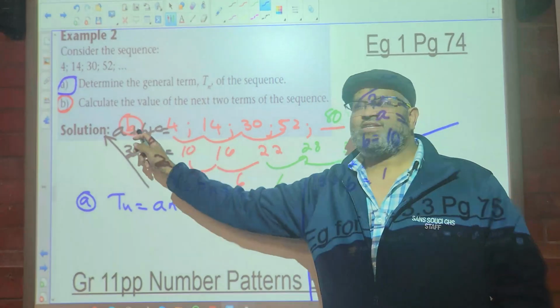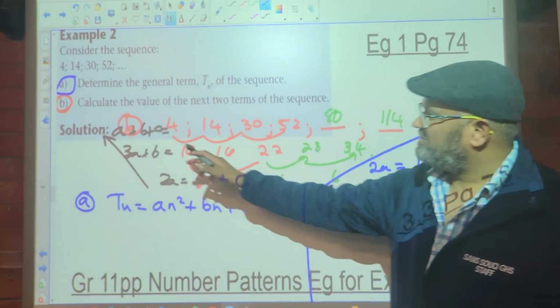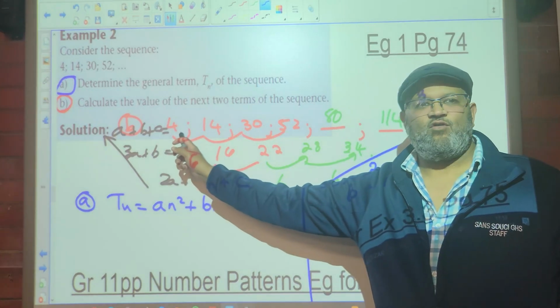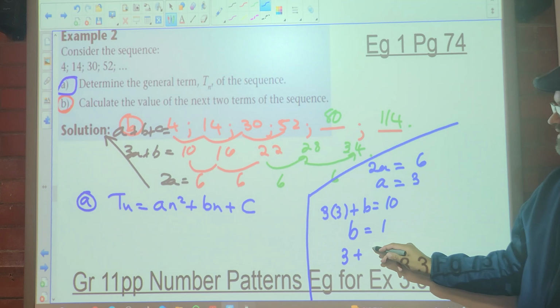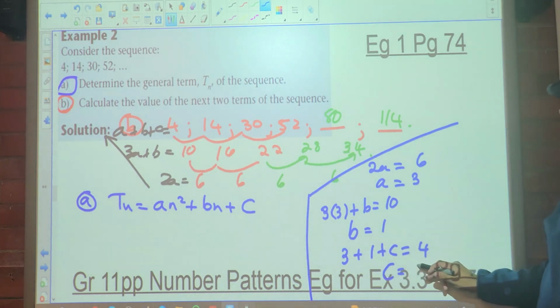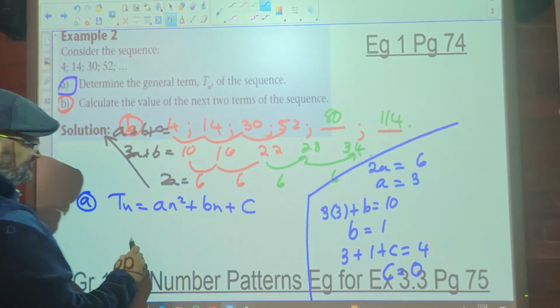So we got our b sorted now. In the last case we got a plus b plus c is 4. So what's my a value? 3 plus 1 plus c is equal to 4. So c is equal to 0.